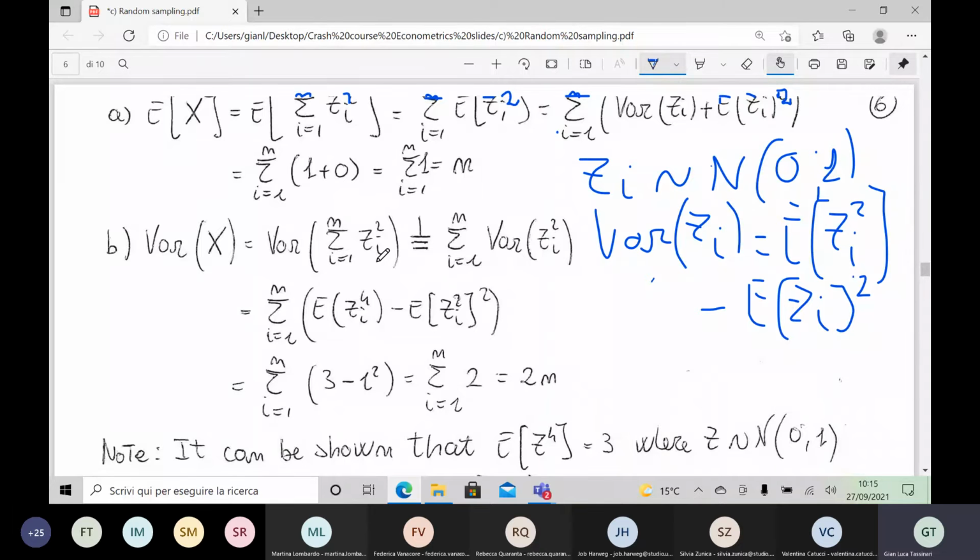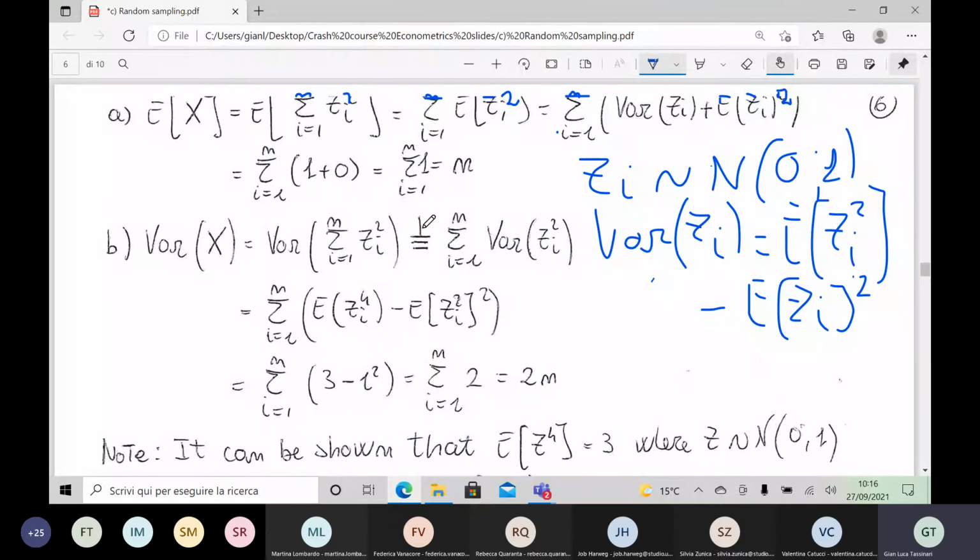Since theta 1 is independent, for example, with respect to theta 4, also theta 1 square is independent with respect to theta 4 square. Okay, so since the theta i's are independent, also the squares of the theta i's are independent. So see again, when I write this, always remember that I'm applying the property of independence.